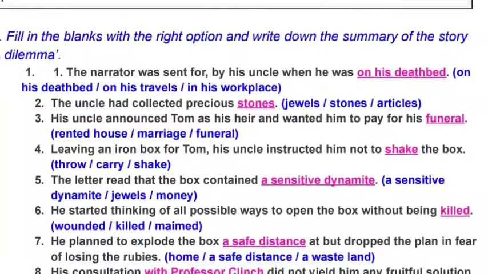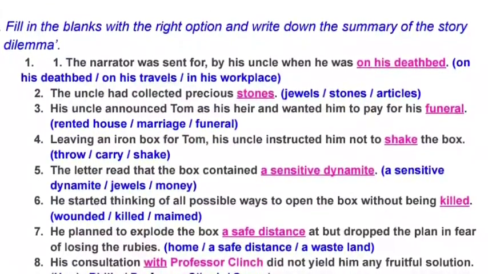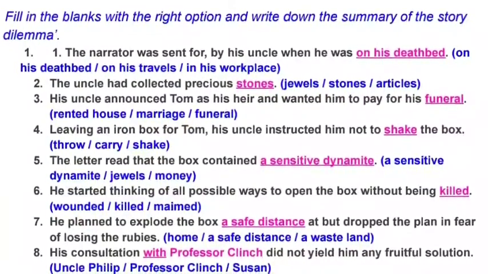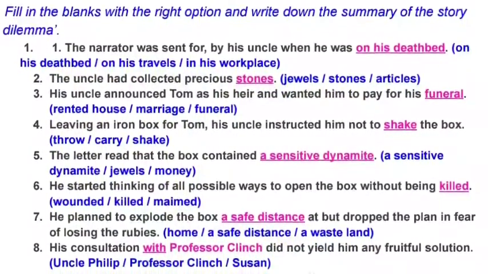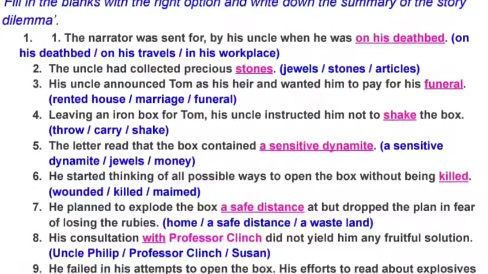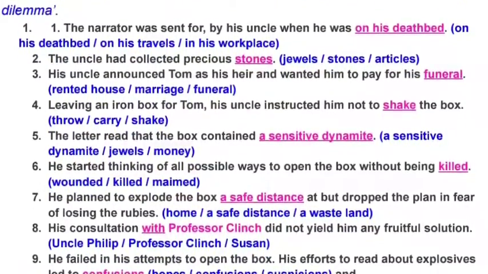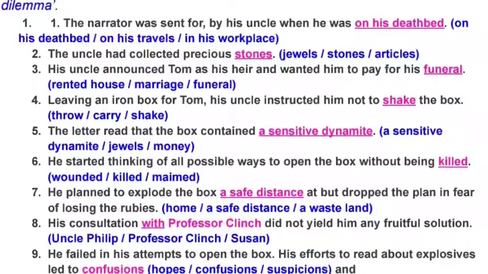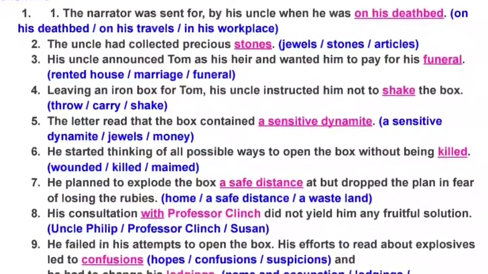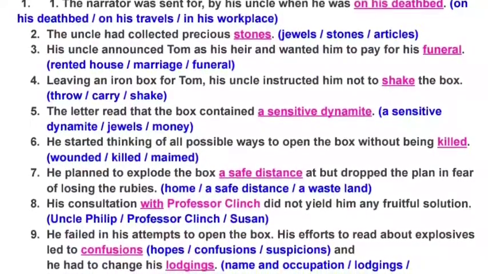5. The letter read that the box contained a sensitive dynamite. A sensitive dynamite, or jewels, or money. 6. He started thinking of all possible ways to open the box without being killed. Wounded, or killed, or maimed. 7. He planned to explode the box at a safe distance but dropped the plan in fear of losing the rubies. Home, or a safe distance, or a wasteland. 8. His consultation with Professor Clinch did not yield him any fruitful solution.